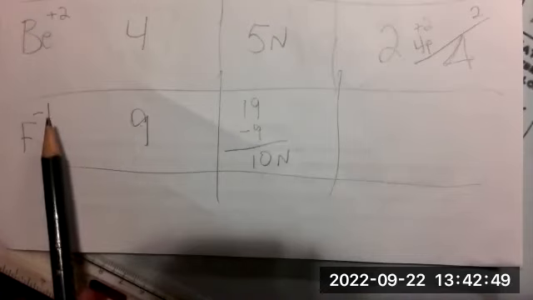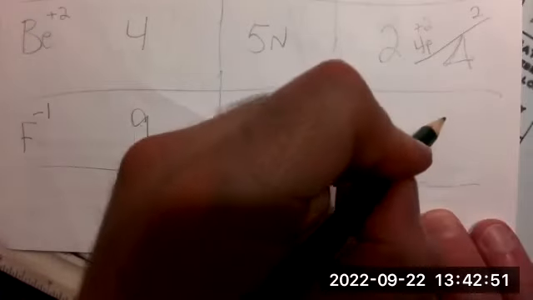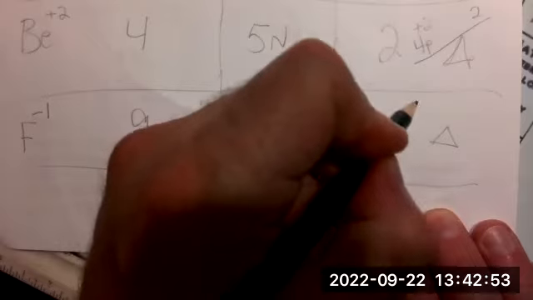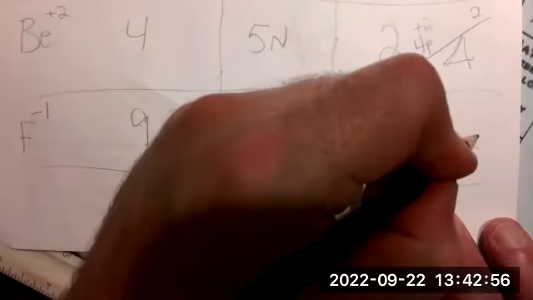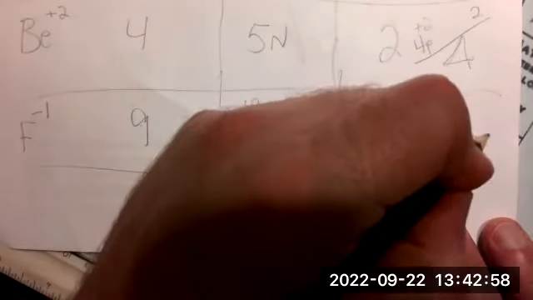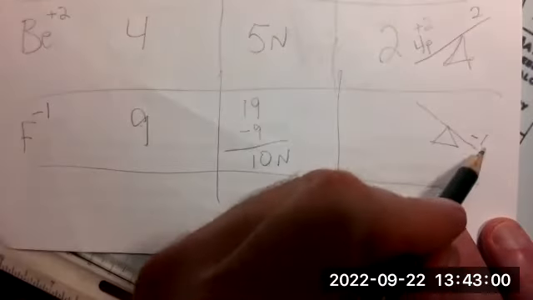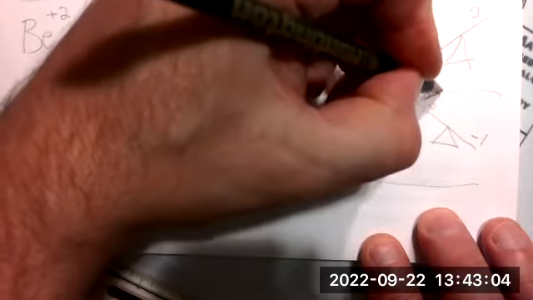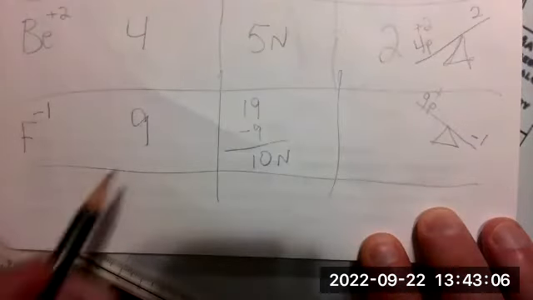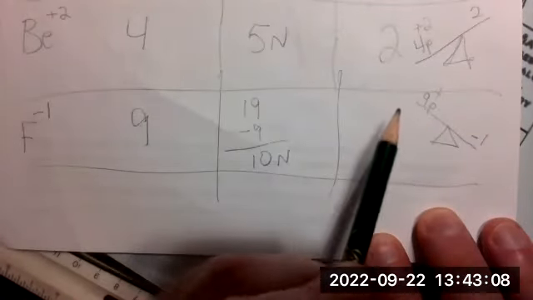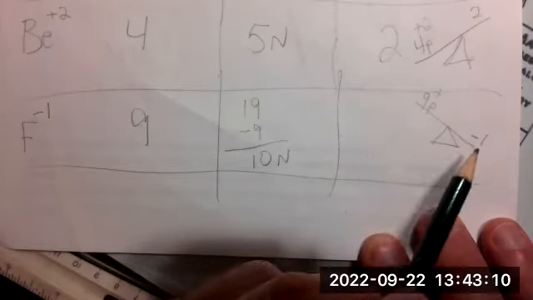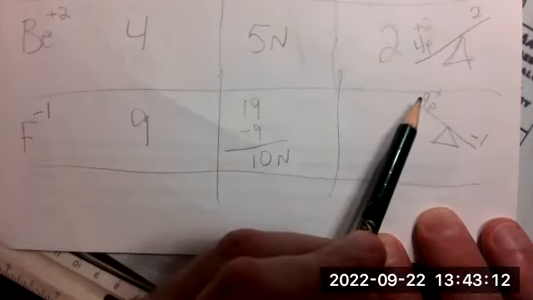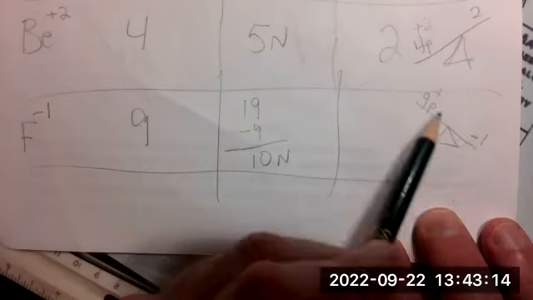But now the seesaw is toward the negative side, -1. It's got 1 more electron than proton, and it has to have 9 protons. That can't change. Any fluorine, no matter what, always has 9. So to get a -1 charge, I have to have 1 more electron than proton, which would be 10.